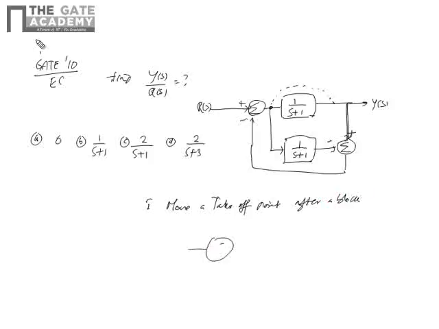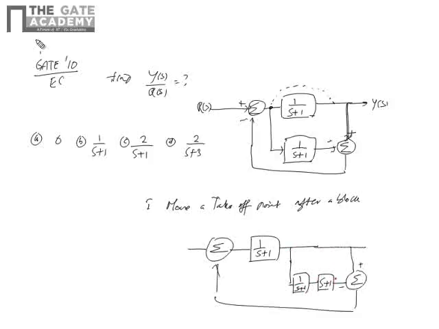So after moving this takeoff point after the block 1 by s plus 1, you will get 1 by s plus 1 into s plus 1. Okay, so both get cancelled, you will get only 1. So this is minus 1, this is plus 1. So the output will become 0.